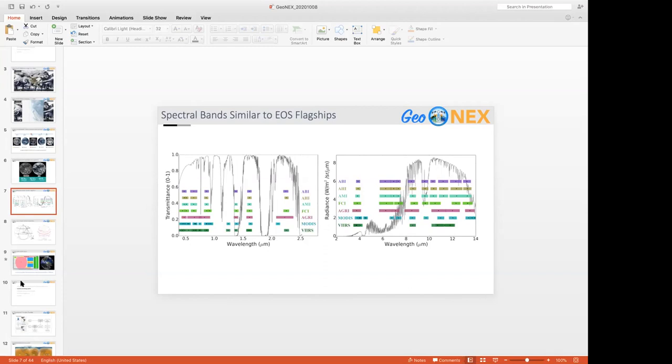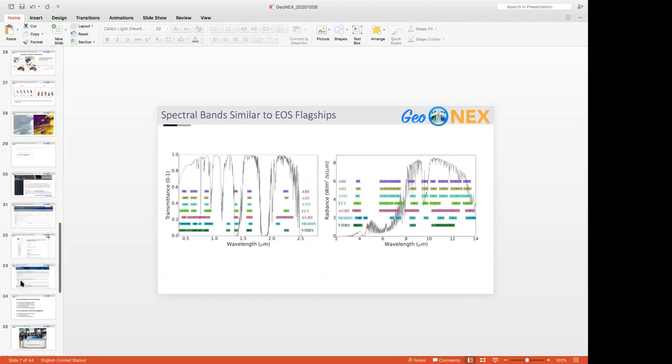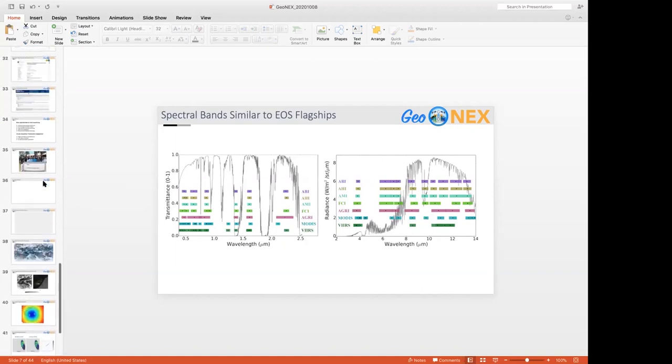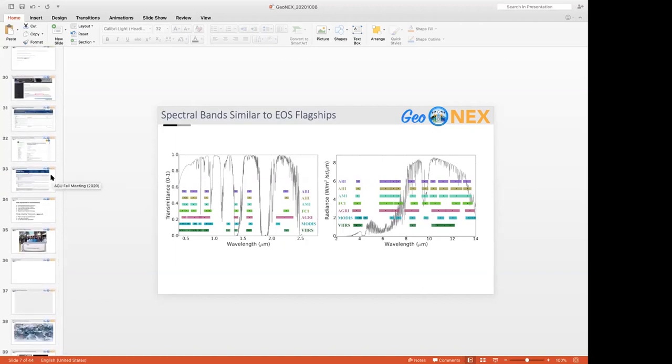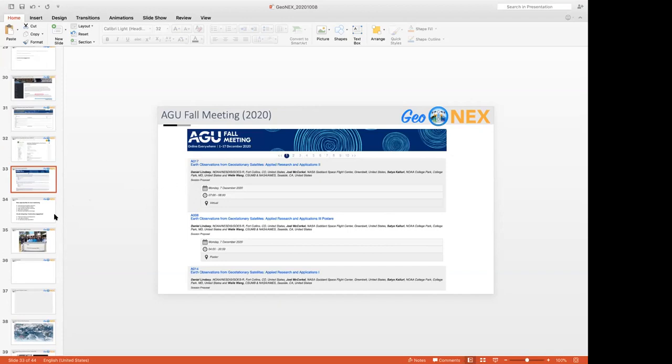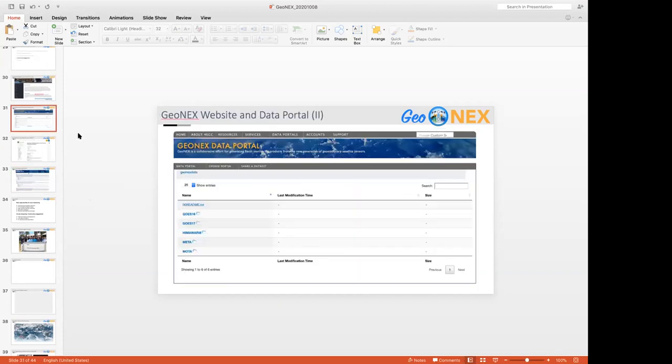Yeah. For now, if you want to use the products we generated, can you still see my screen? Okay, you still can see it. This is the GeoNEX web portal, the data portal, hosted by Ames or NEX. You can download the TOA from the site.